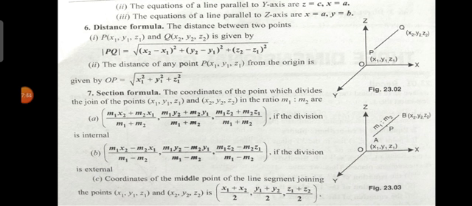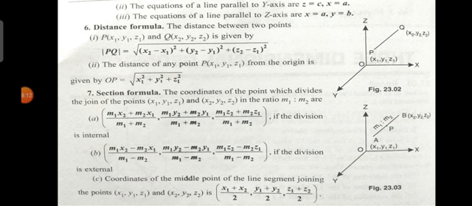Modulus of PQ: if P is the point x1, y1, z1 and Q is another point x2, y2, z2, then the distance modulus of PQ is the square root of (x2 minus x1) the whole square, plus (y2 minus y1) square, plus (z2 minus z1) square. We take the differences of the corresponding coordinates, square them, add them, and then find the square root. You have studied this.